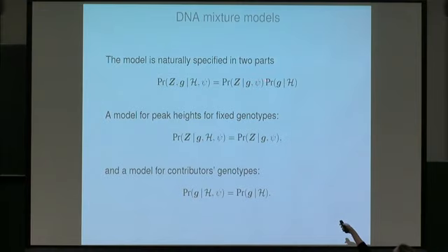So this is a distribution that describes the measurement process. And the second part of this model is, given the hypothesis, what distribution do the genotypes of the contributors have? This is the one that usually uses population frequencies.